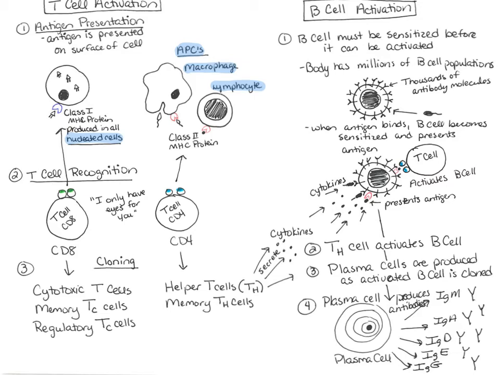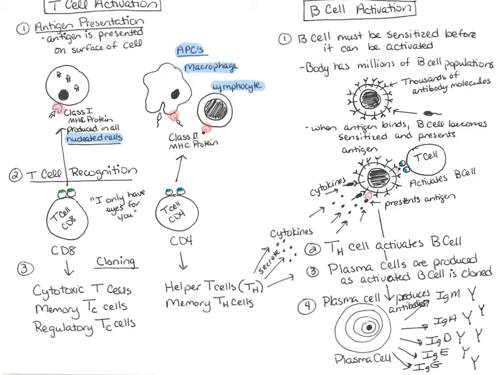MHC proteins are proteins that are produced inside the cell and then are brought out to the surface of the cell, and then the antigen is presented on that MHC protein. So that's all that MHC protein is. There's a class 1 and a class 2, which we'll talk about in just a minute.